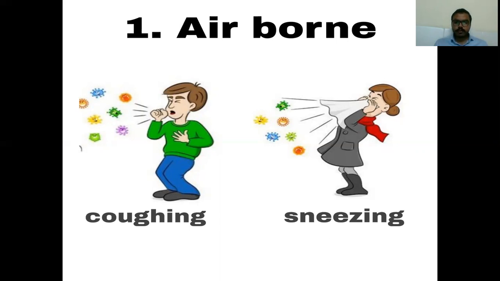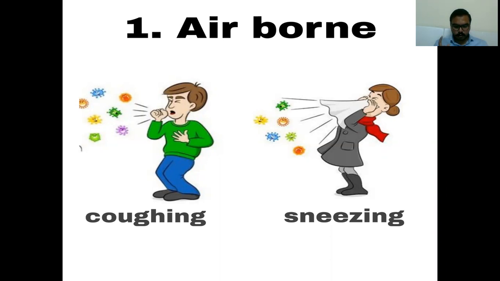When we cough or sneeze without putting our hand on the mouth or face, or without keeping a kerchief in front of our mouth, we give out germs which are spread in the air, and the person next to us inhales them and gets infected through the virus which we give out.